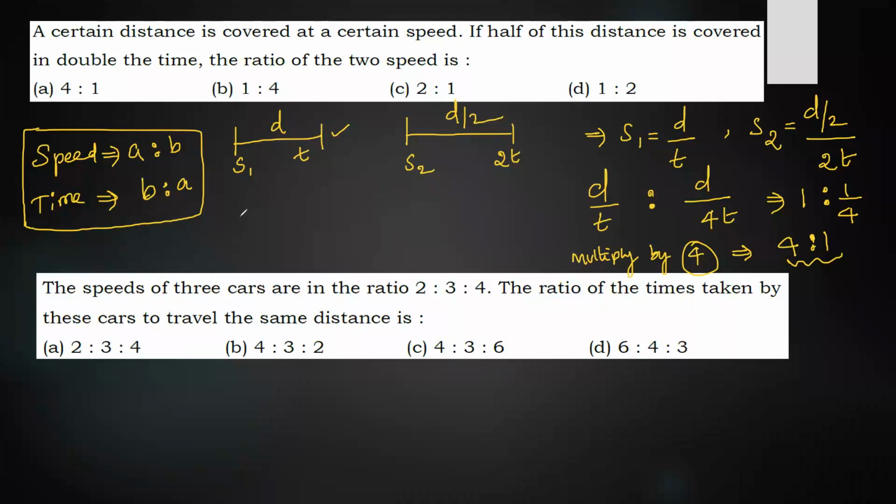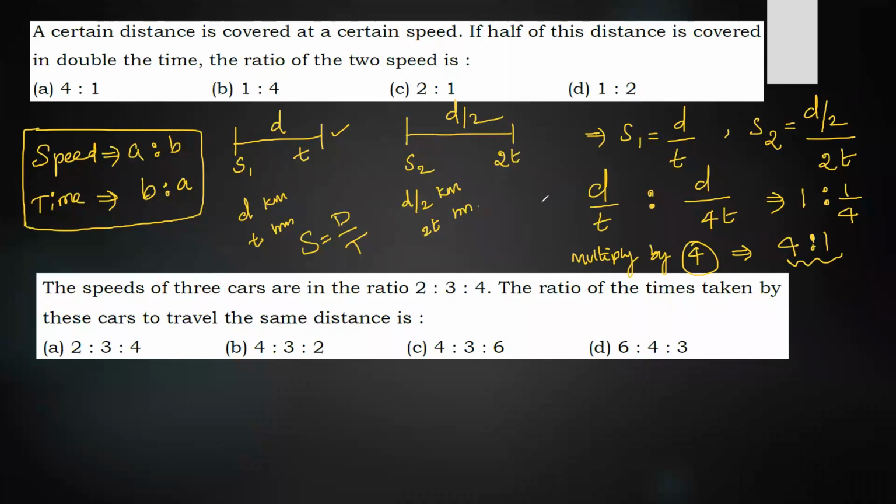Since I am taking d kilometers initially, time taken is t hours. In this case, I have taken d by 2 kilometers and time taken is 2t hours. So applying the basic formula, speed equals distance by time. Distance by time gives speed 1, and distance by time for the second gives speed 2.